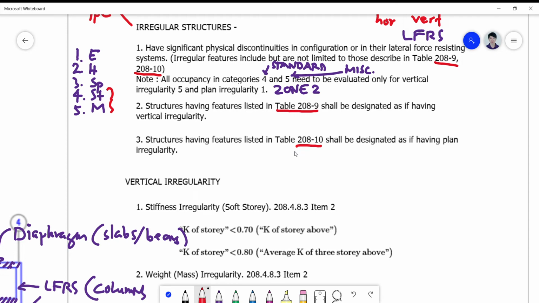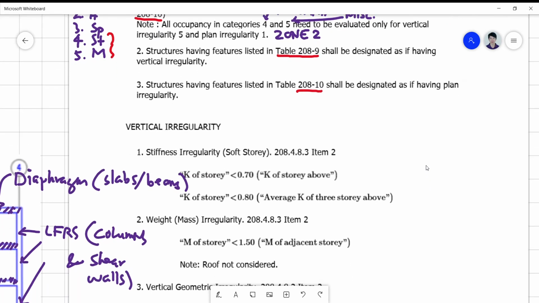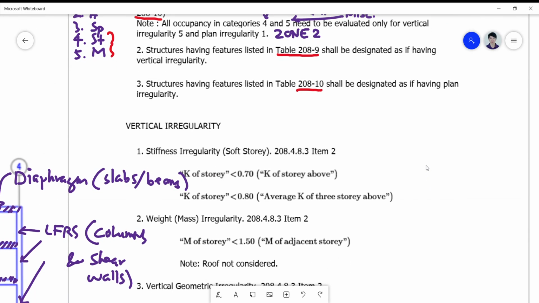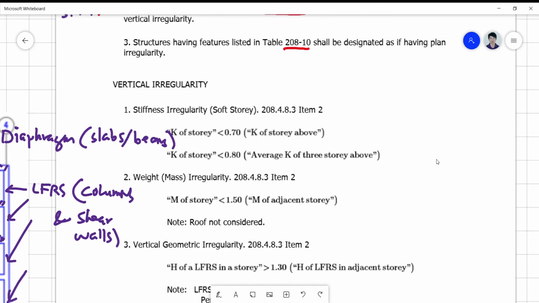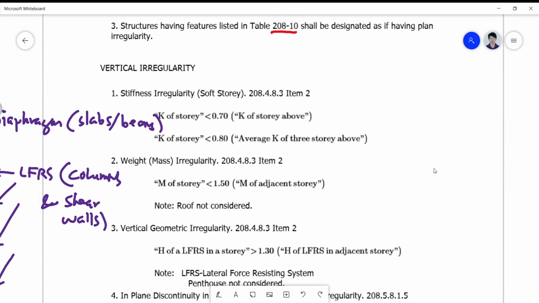And I actually summarized these tables in the form of an enumerated list here of vertical and plan irregularity. For vertical irregularity, we have 5 irregularities.